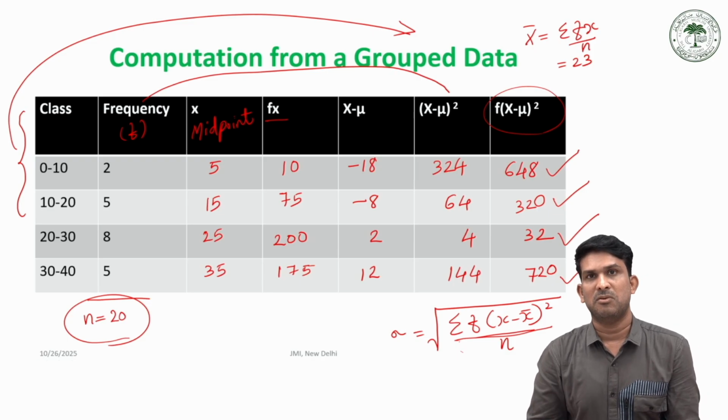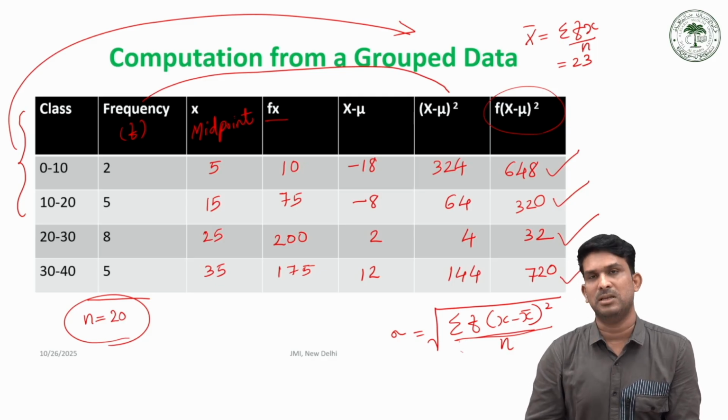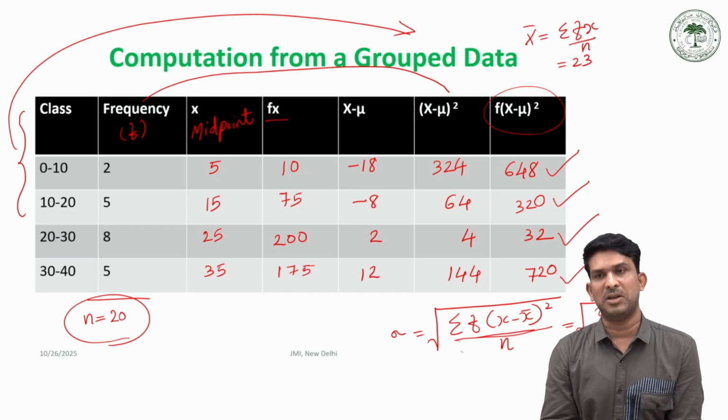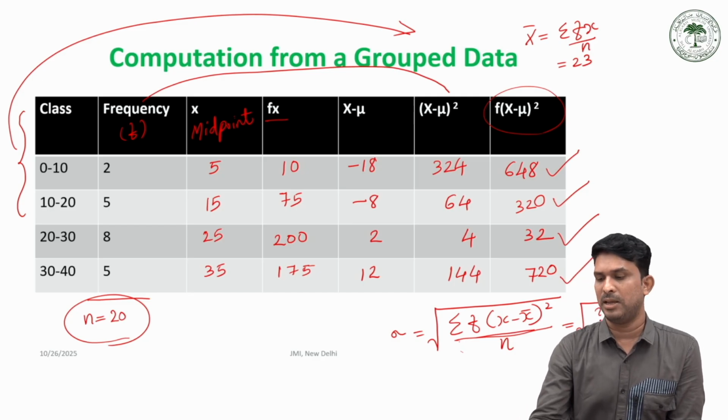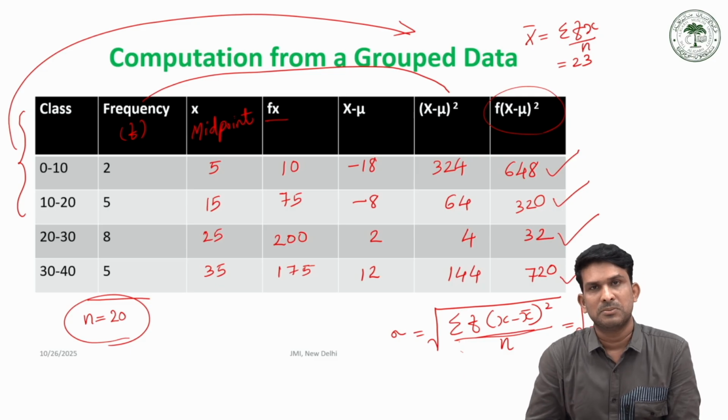It was 1720 in the previous calculations you have seen. Then you will go for the square root of whatever value you are getting, divided by the total of frequency, that is n. Okay, n is 20. So you'll get a value that is the standard deviation.